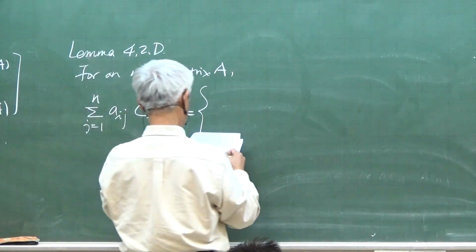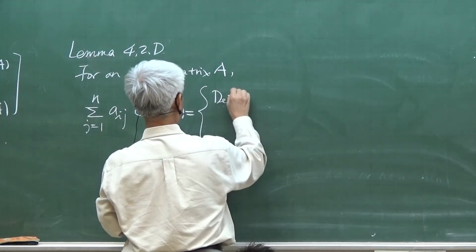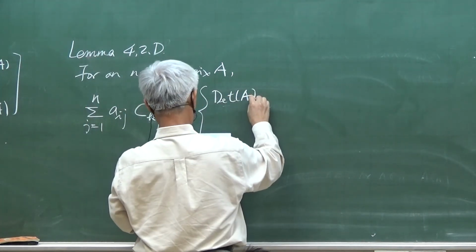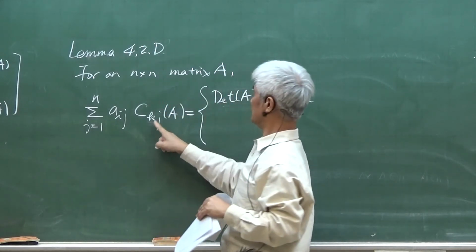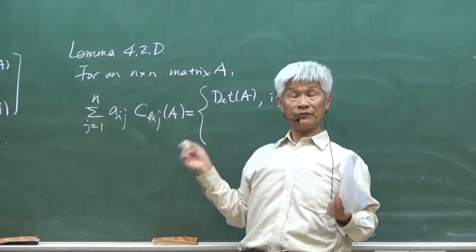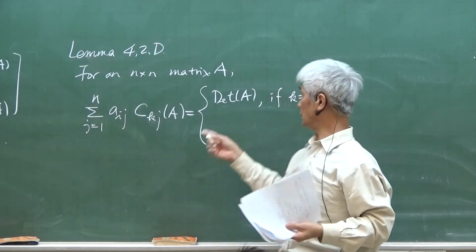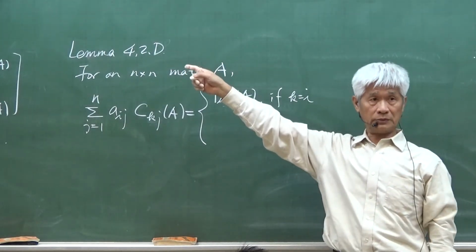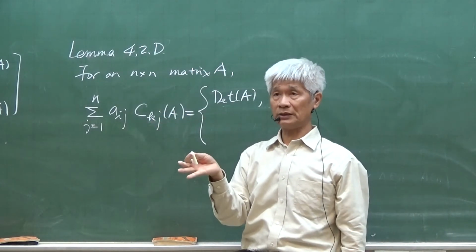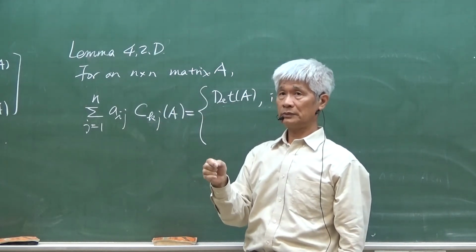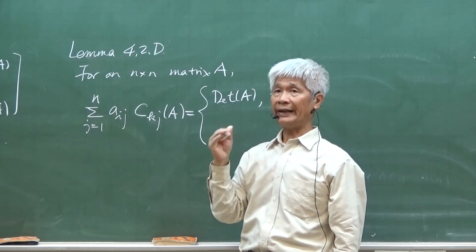Then the sum will be equal to the determinant of A if k equals i. This is our cofactor expansion, our previous result, the cofactor expansion on the ith row.